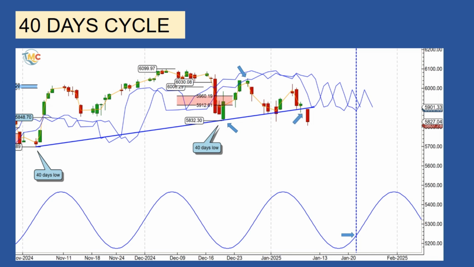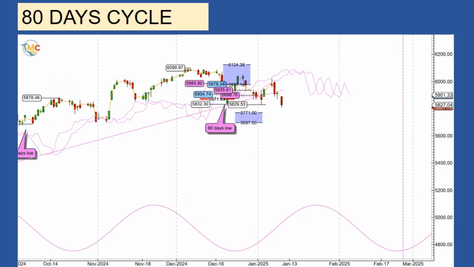During the last Friday decline, the market crossed below its cycle trend line, confirming the December 6, 6,099.97 all-time high is the 80 days and at least 20 weeks cycle peak. The 80 days cycle: during the January 2nd low formation, the S&P 500 crossed below its cycle line, providing a downside target.